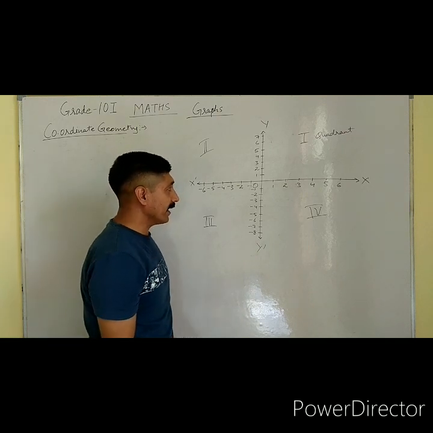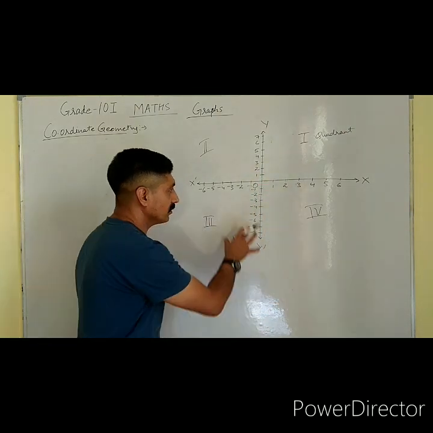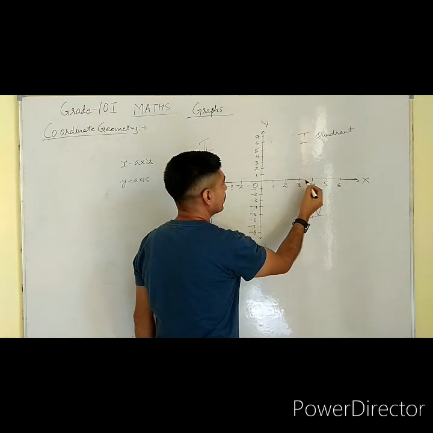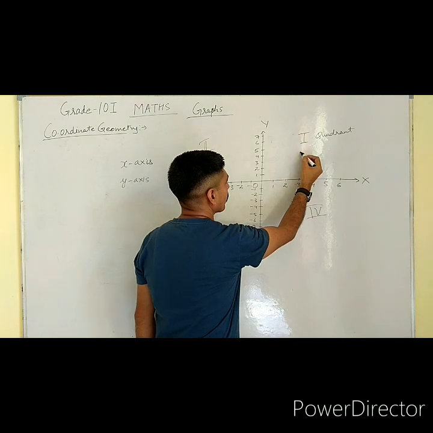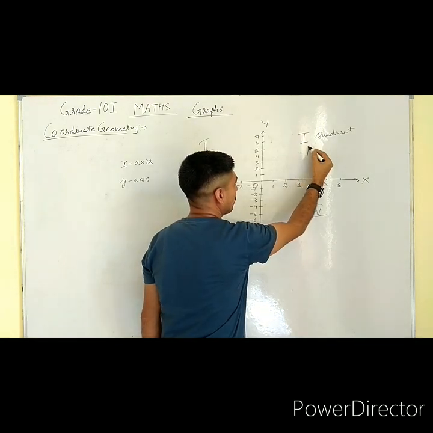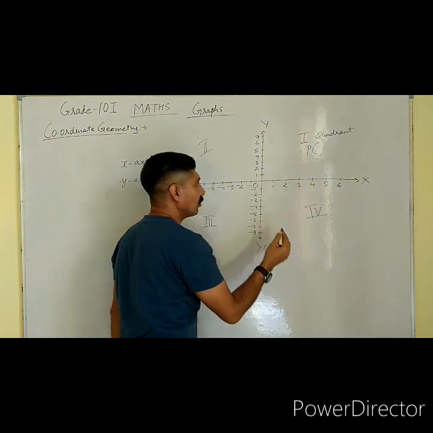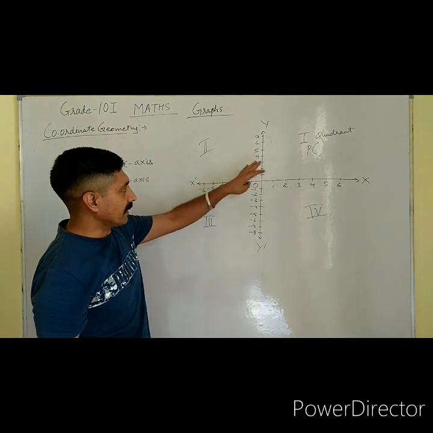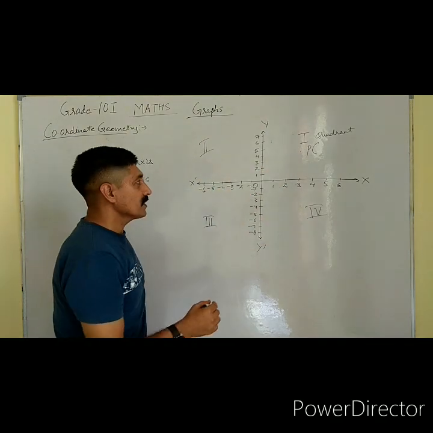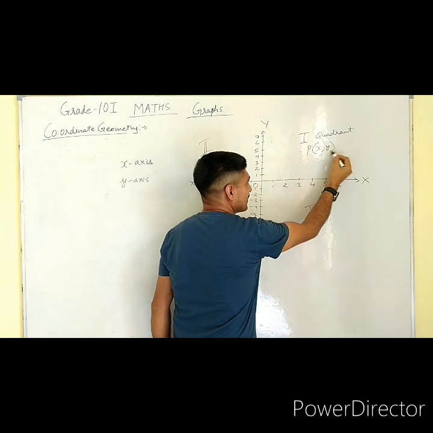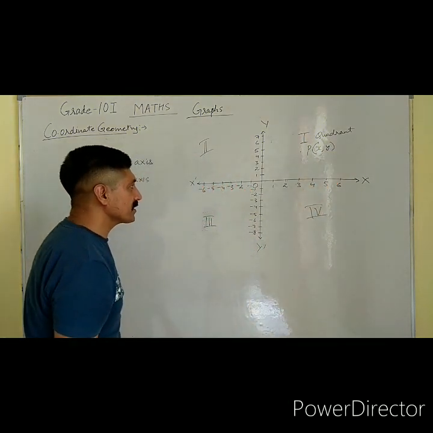If we have any point on this plane, suppose a point is here, let this point be point P. So how to measure this point, that where this point lies? So here we mention x and y are the coordinates.